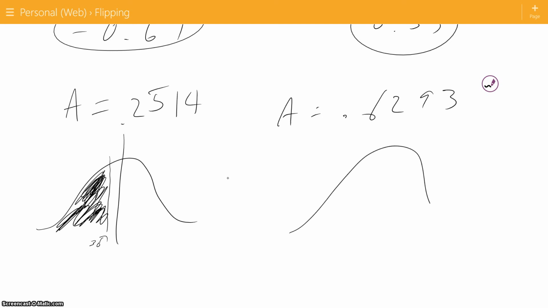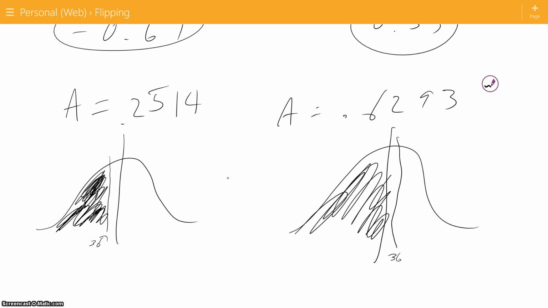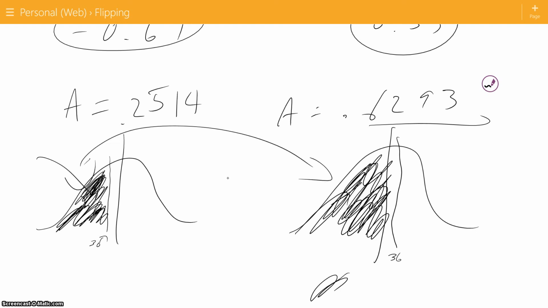And over here, this has given me a value of, here I am just to the right, here's 36, pardon my terrible drawing skills, but the area of everything here, which is all that, is 0.6293. Now, I notice I've got some overlap here. I've got this section right here on the left that is actually inside of this. I could cut it about right here.